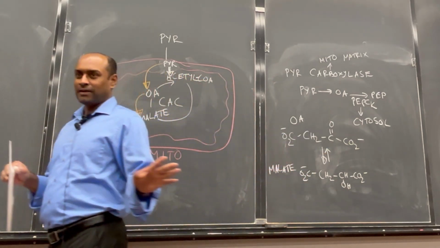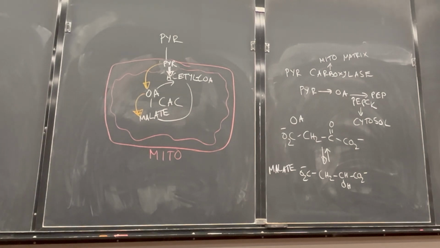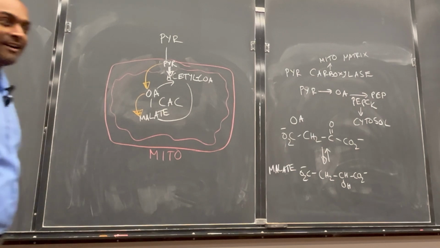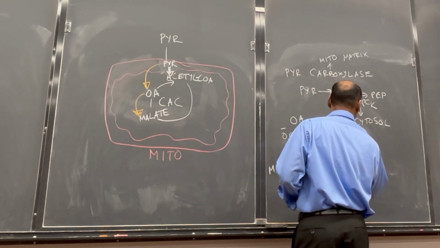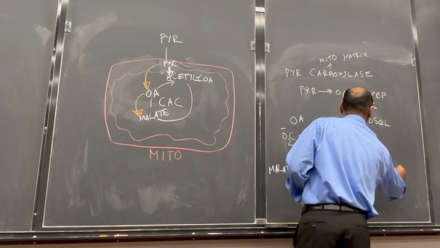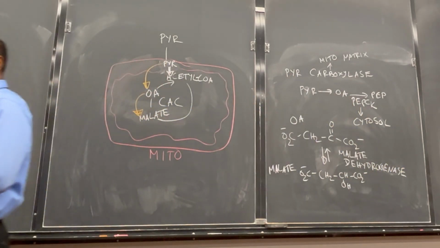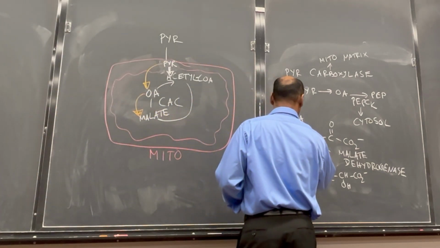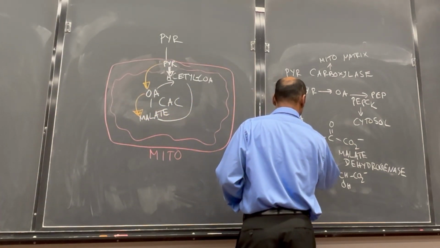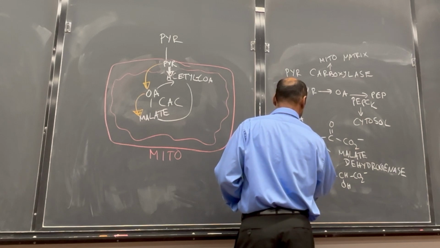Now already based on what you have learned, you can predict what type of enzyme will do it. Which type? Dehydrogenase, right? So this is malate dehydrogenase. And which coenzyme do we need? NADH, because it's reduction, right? So we need NADH, then you make NAD plus.